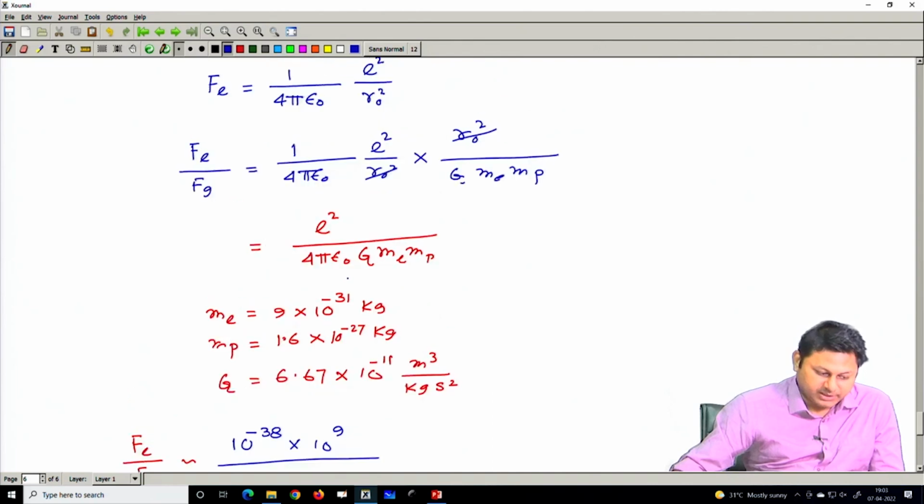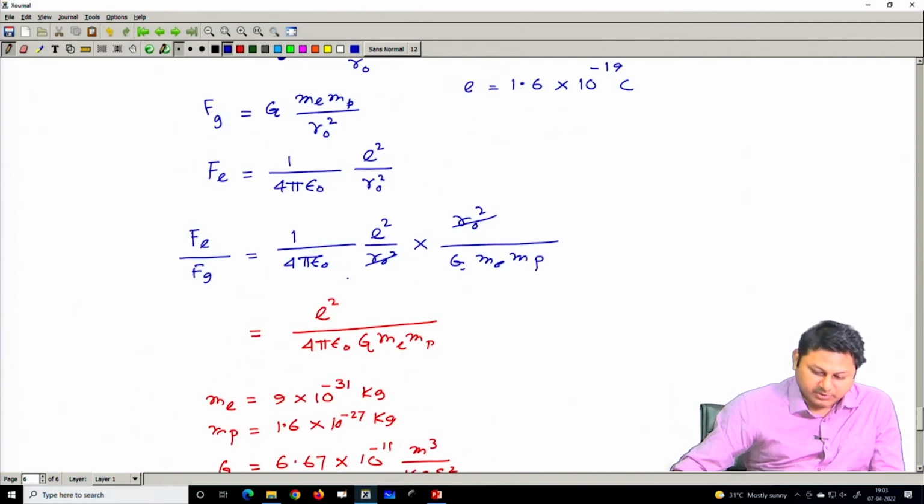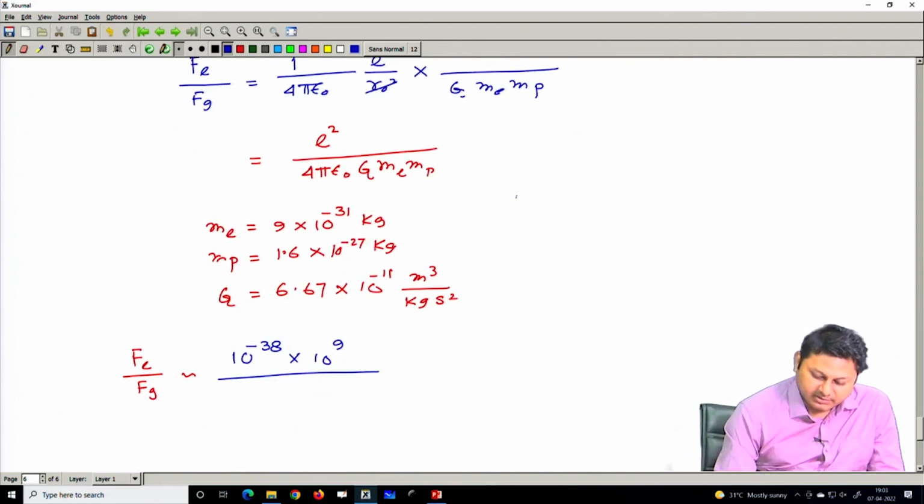Then we have 1 by 4 pi epsilon 0, that value I did not write. This is 9 into 10 to the power of 9 newton meter square per coulomb square.